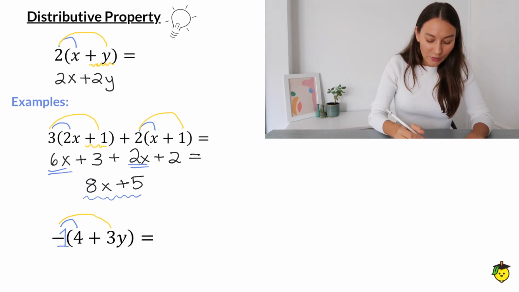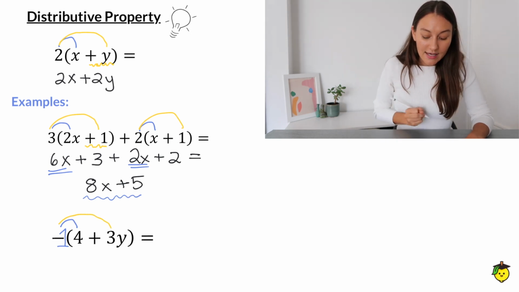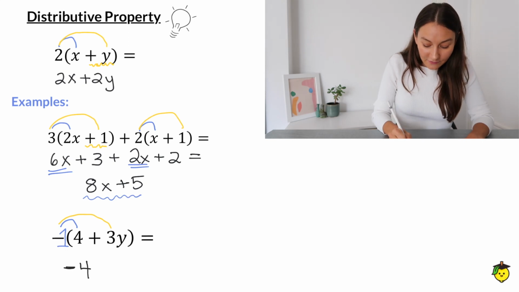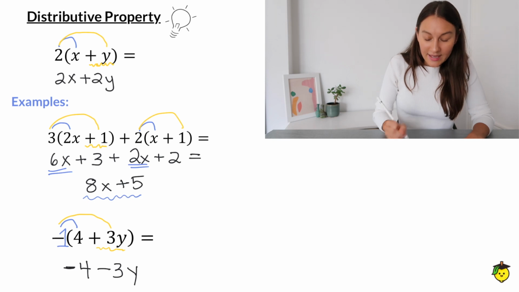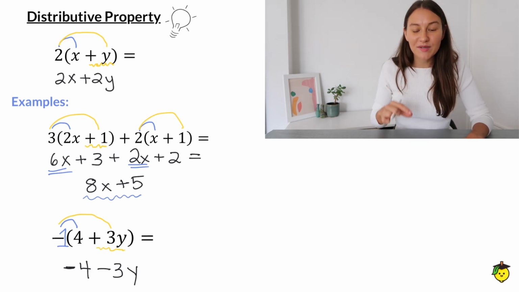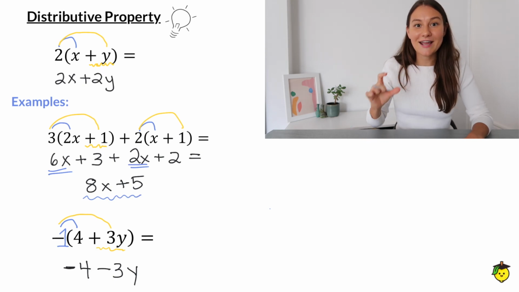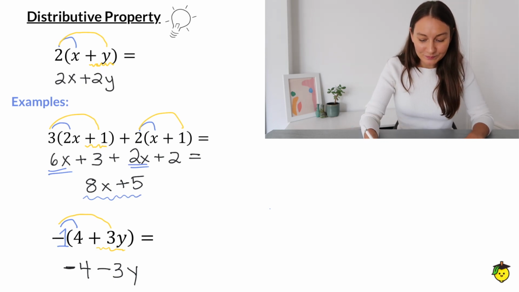So in this case, we're going to do negative 1 times 4, which is just a negative 4. And then we're going to take the negative 1 and multiply it by the positive 3y. Well, negative 1 times 3y gives me a negative 3y. And so this expression actually becomes minus 4 minus 3y. Be very careful with your signs, right?